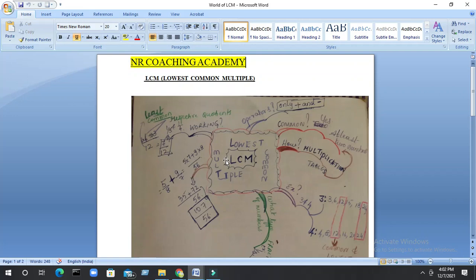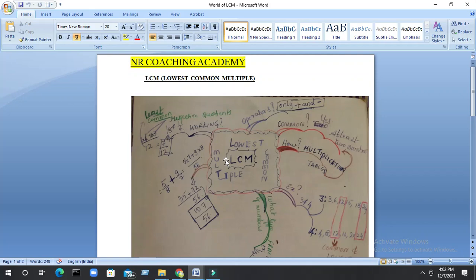Lowest common multiple. When I say something is common, it means I'm always comparing with something else. Otherwise, why would I say it is common? Multiple: what do I mean by multiple? Something which comes in the multiplication tables. We know our multiplication, so let's take this as a number which is common in the multiplication tables and is the lowest.